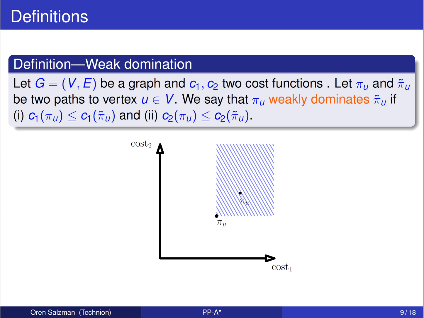So again, we'll have to develop some common language so we can formally state what we're doing. And this is going to be done by extending the notion of weak dominance that we introduced several slides ago. So if you remember, we said that a path pi u dominates other paths to the same vertex if they're to the top and to the right on this pictorial representation.